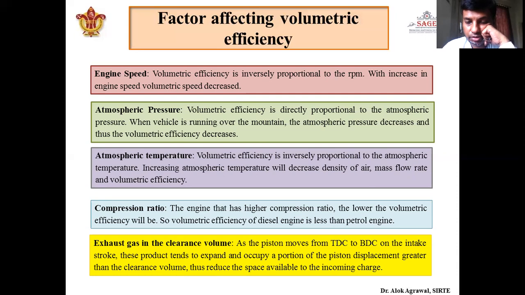When the intake stroke starts, that compressed exhaust gas available in the clearance volume will try to expand and capture the volume of the combustion chamber, which decreases the availability of the incoming charge. Hence the incoming fresh charge is in less quantity or less volume, which decreases the volumetric efficiency. So the amount of exhaust gas present in the clearance volume decreases the volumetric efficiency.